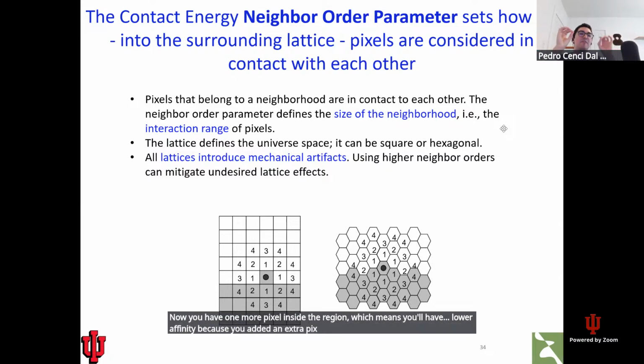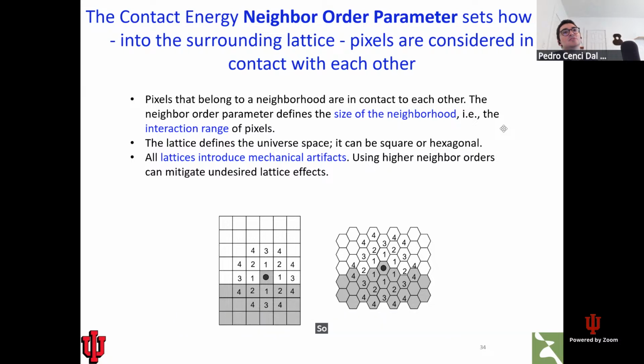But this is going extremely deep into the weeds. So generally the answer is yes for very small cells. But if your cell is big enough, it doesn't matter. Your neighborhood size will usually be much smaller than your cell size.